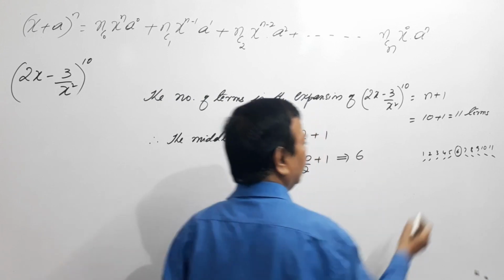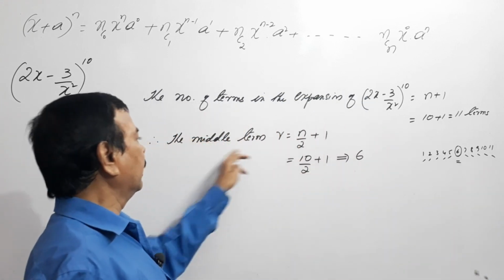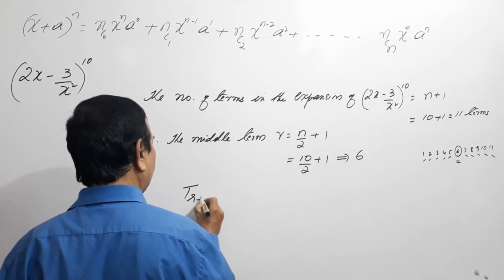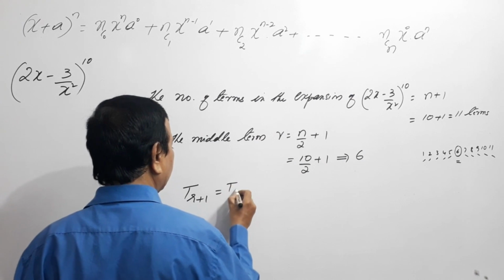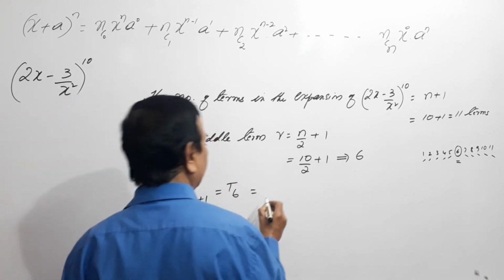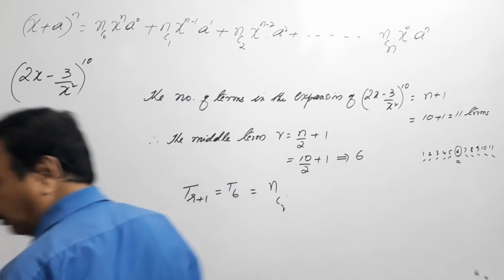So our assumption is right. So that is the middle term. So now T(r+1) equals T6, okay, is given by what? nCr, I'll write it below.